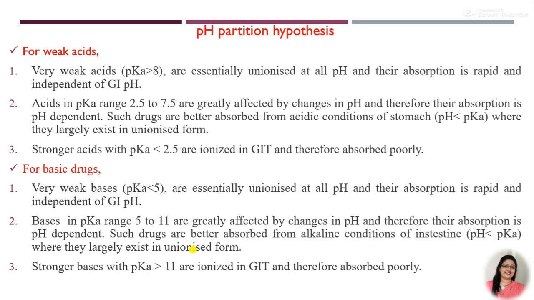As per pH partition hypothesis, for weak acids, the following characteristics are followed. Very weak acids which have pKa values greater than 8 are essentially unionized at all pH range and their absorption is rapid and independent of gastrointestinal pH.